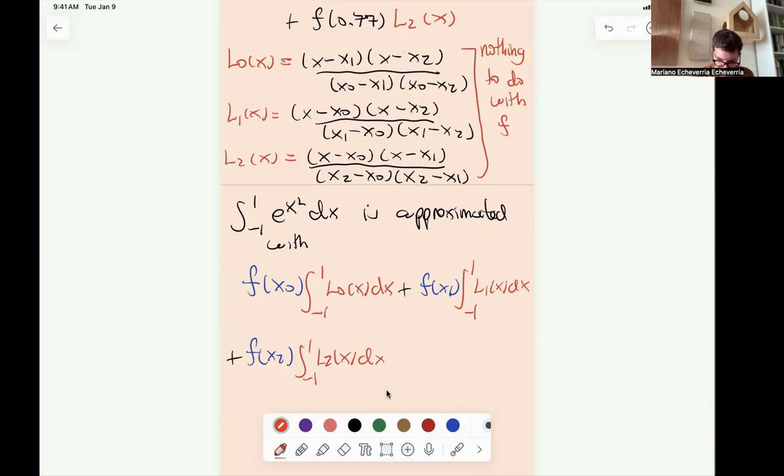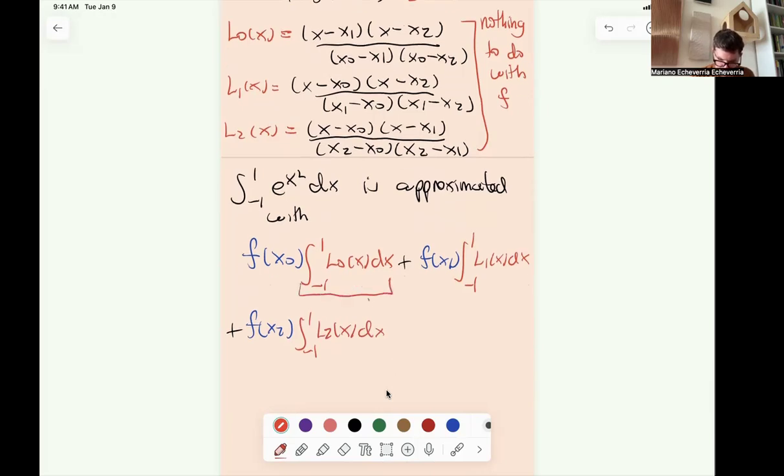And these are the weights, what I was calling before the weight 0, the weight 1, and the weight 2.